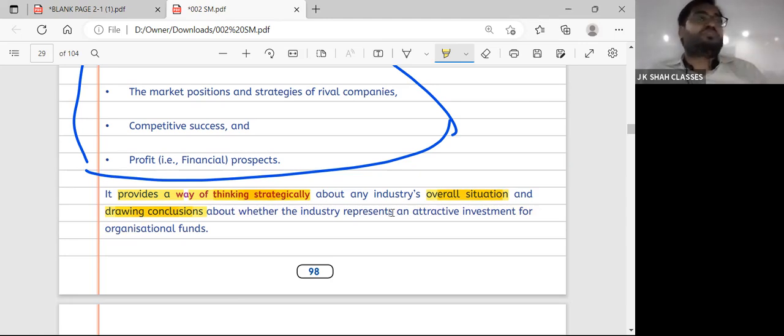That is the whole point of studying this. You will be able to do industry analysis. What sort of analysis have you already studied? Competitor analysis, portfolio analysis, strategic analysis, and now this analysis. So in this chapter, 4 concepts are based on analysis.